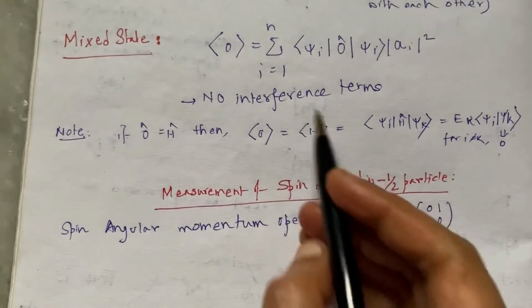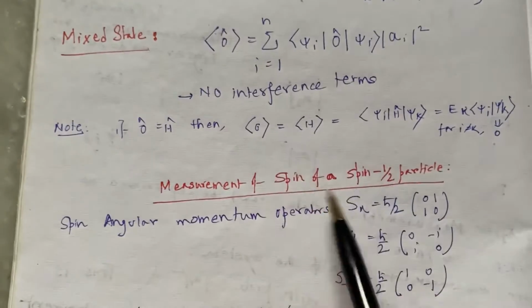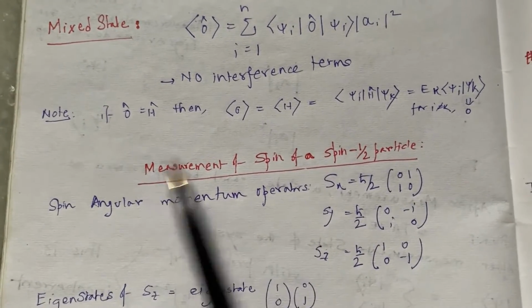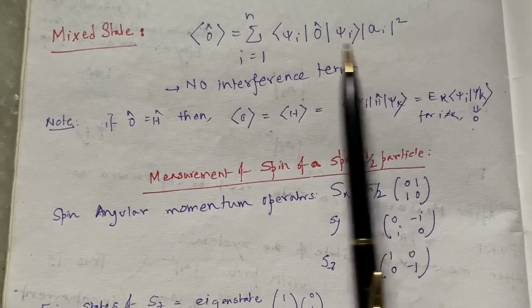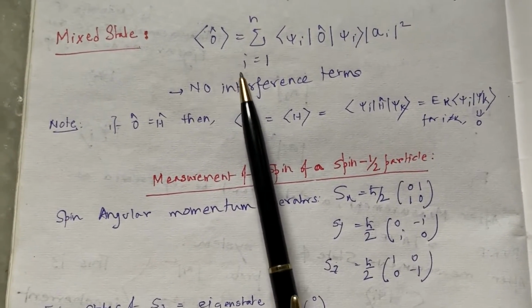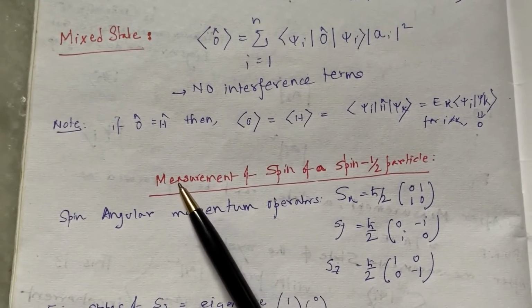Now for a mixed state, we define the expectation value like this, and there are no interference terms.